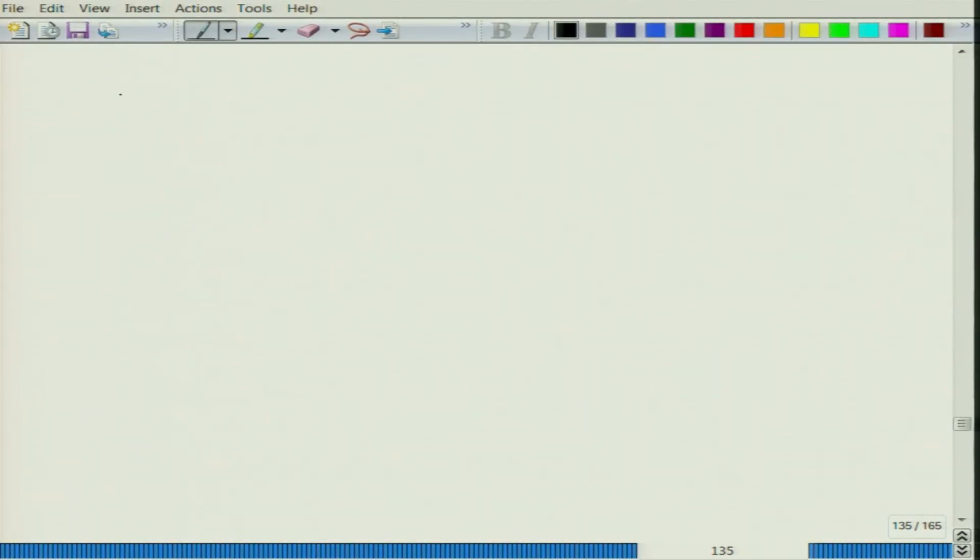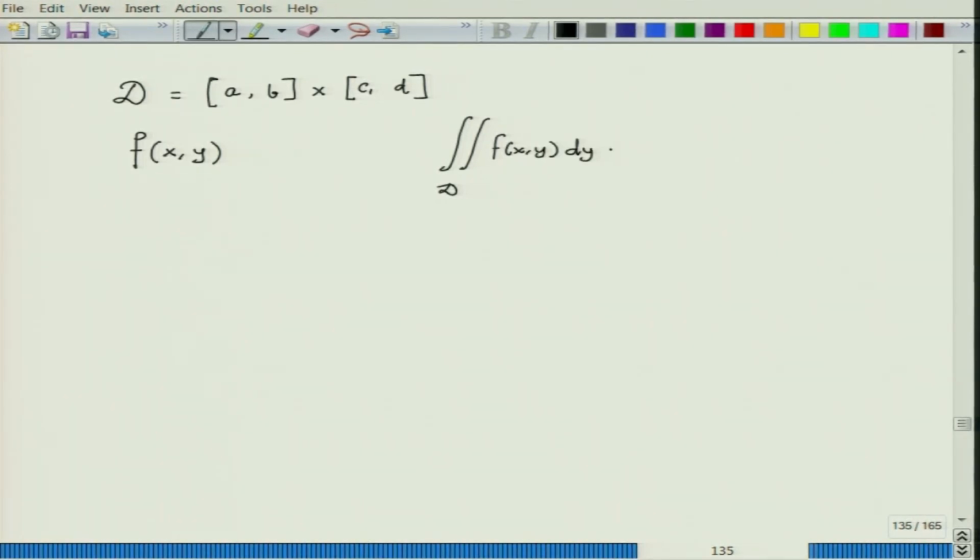Suppose your domain D is A cross B, C cross D, and you are given a function f of x y from R2 to R, and you are asked to find the integral over this domain D of f x y dy dx. There are two ways of computing this integral, basically the volume under this graph over this zone D.